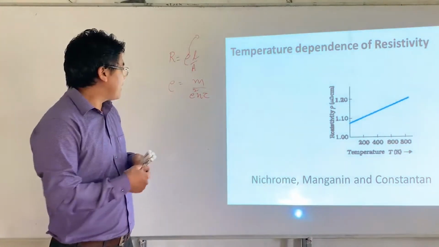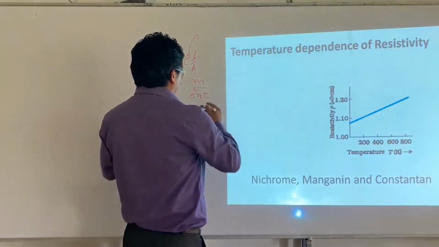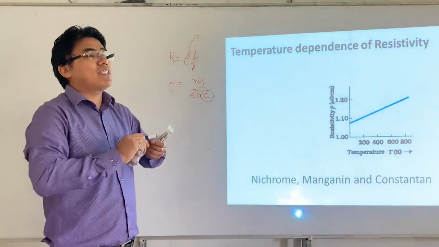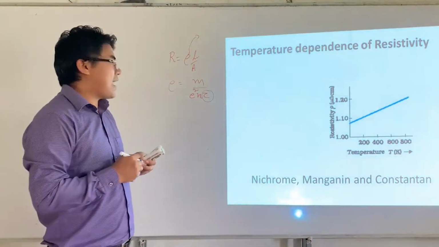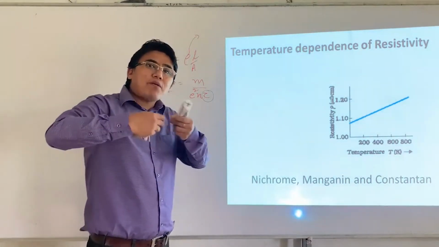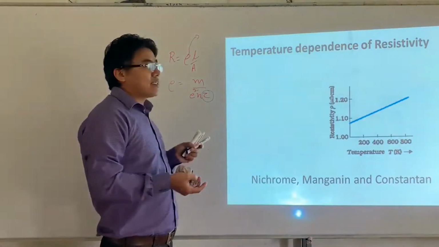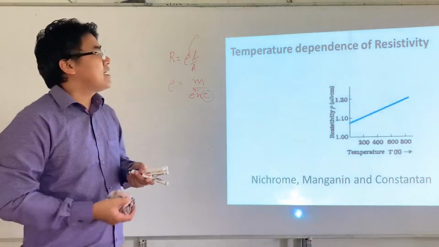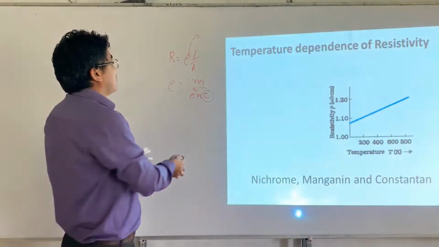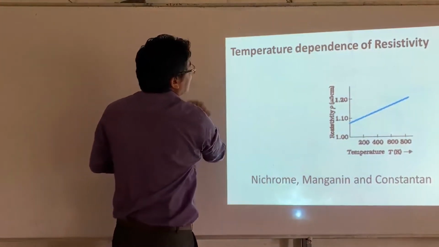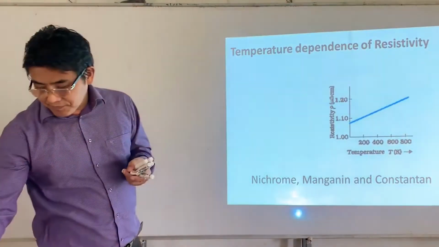Yesterday we said tau is the temperature factor. If the temperature is higher, then the time between successive collisions would be less. This is how resistivity depends on temperature. So today we will discuss the temperature dependence of resistivity.